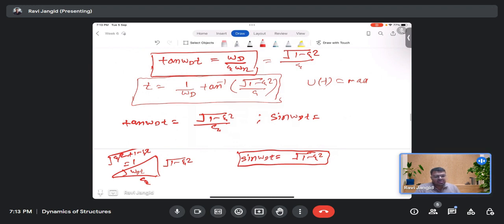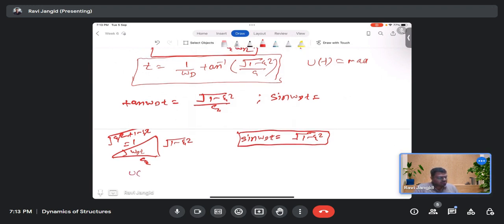Now if I put this into the maximum response, u(t) is equal to u_g0 dot over omega_n square root of 1 minus xi square into e to the power minus xi omega_n t, and sine omega_d t I can put as square root of 1 minus xi square.